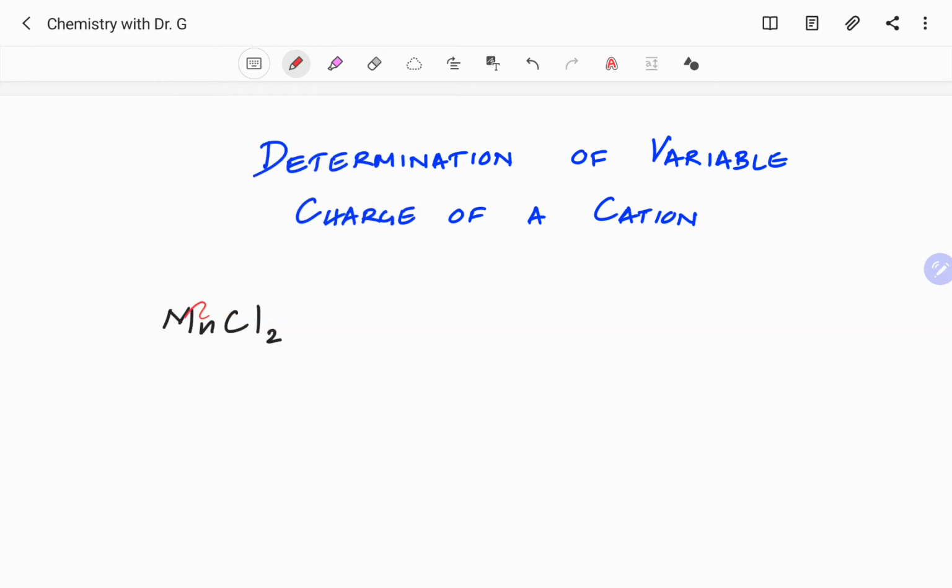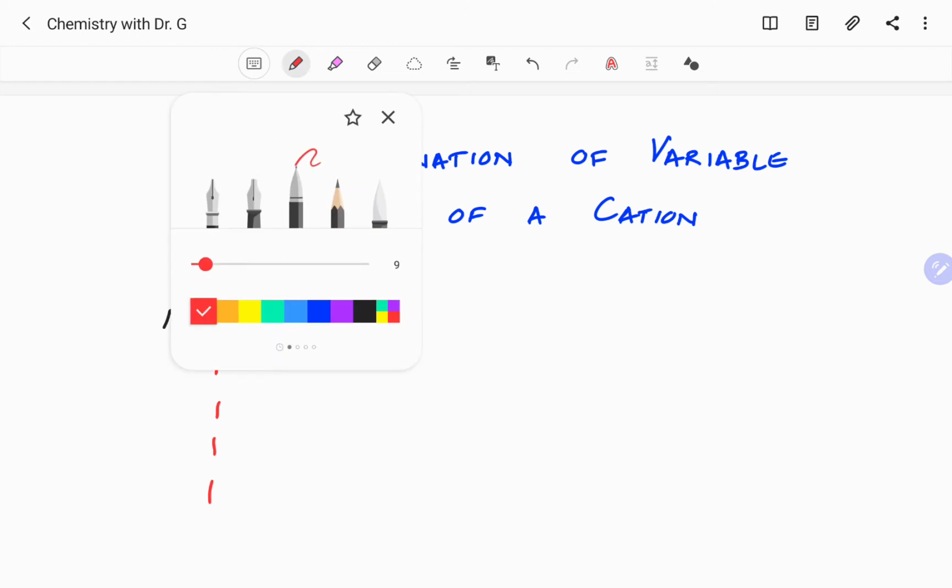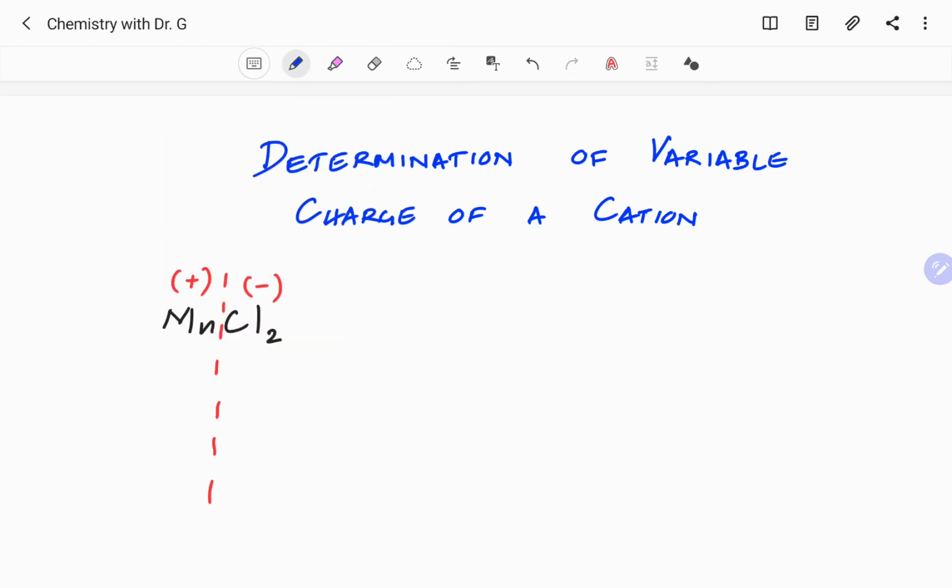So therefore, MnCl2 should also have an overall charge of 0, which means if you separate the cations from the anions, okay, cations give you the positive charge, anions give you a negative charge. So if you separate the cations from anions, you know that the charge generated by cations will be equal and opposite to the charge generated by the anions.